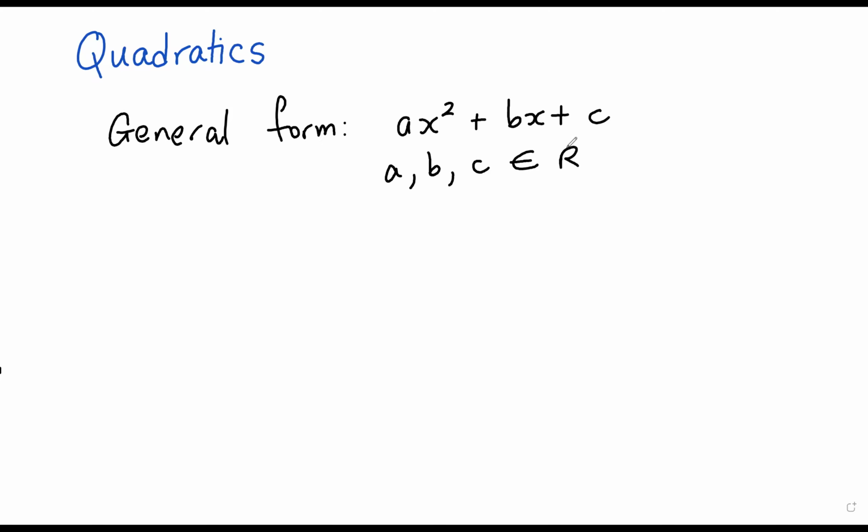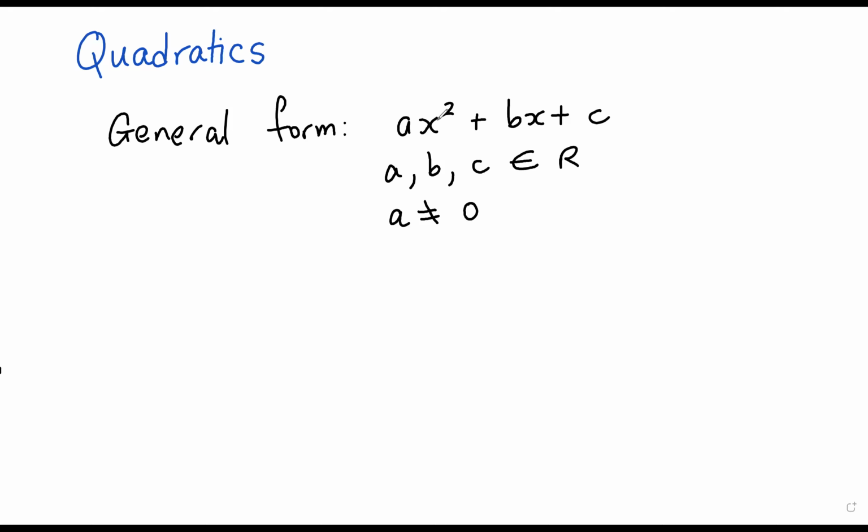And also a cannot be equal to 0, because if a is equal to 0, then the quadratic wouldn't exist because there would not be a term in x squared. And if you just have a term in x, where 1 is the highest power, it would be a linear equation. So a quadratic equation or expression is one where the highest power of x is 2.